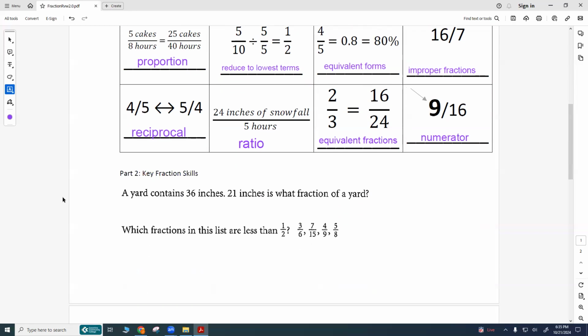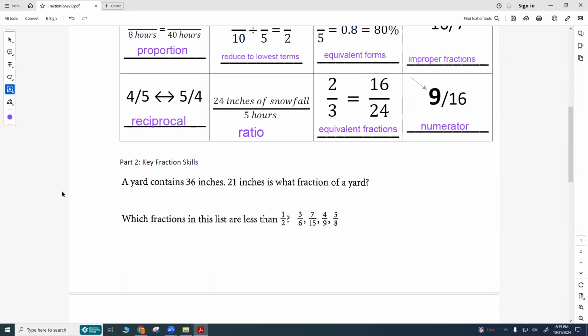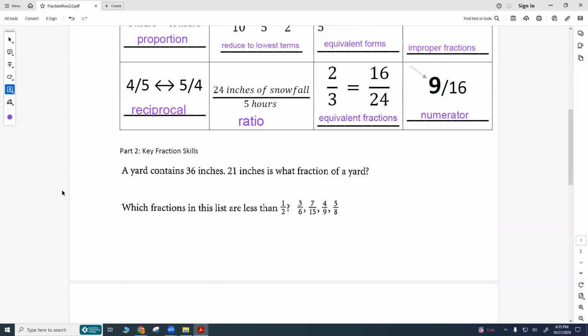All right, excellent. Just for fun, let's look at some of these questions. It tells us a yard contains 36 inches. So 21 inches would be what fraction of a yard? 21 out of 36.